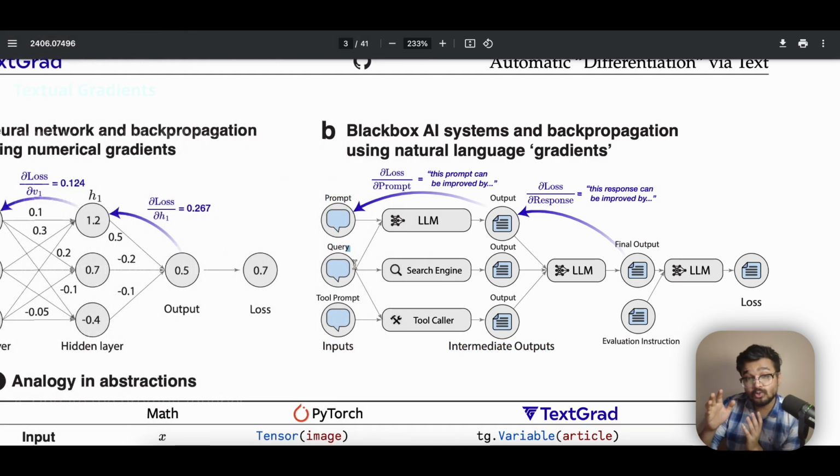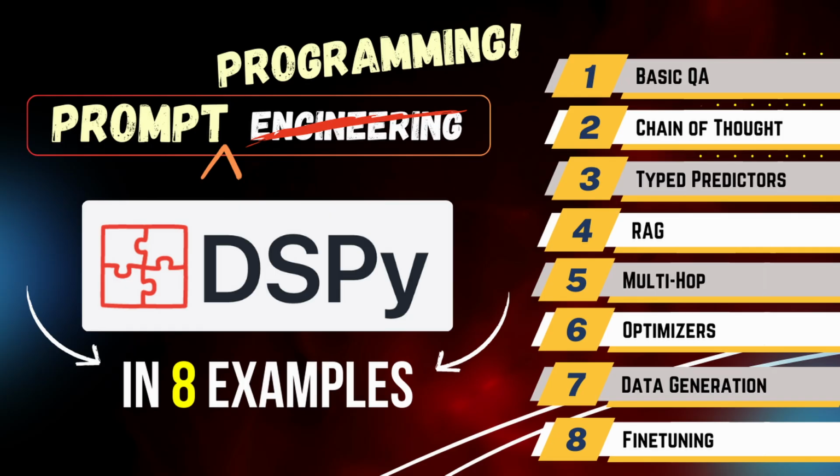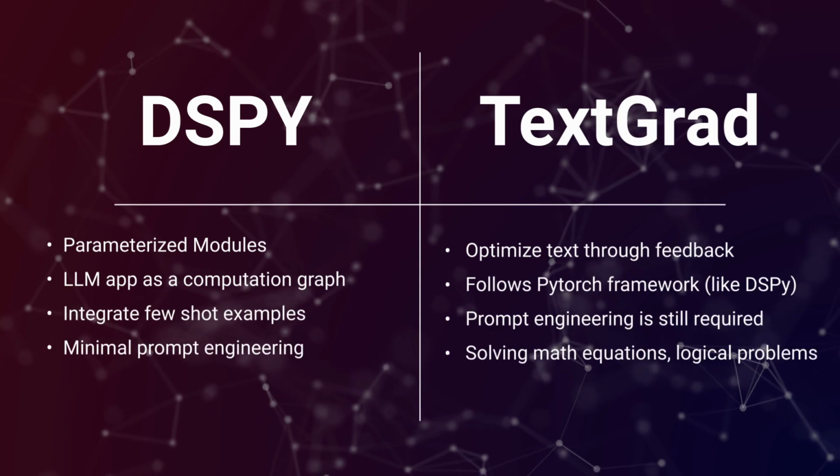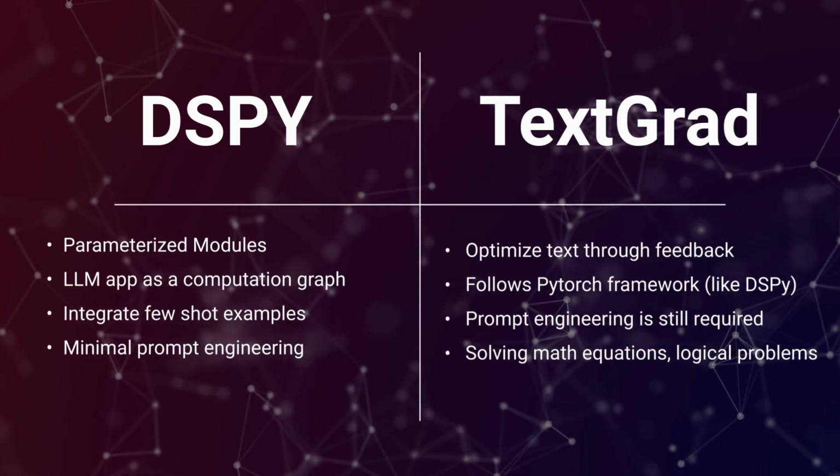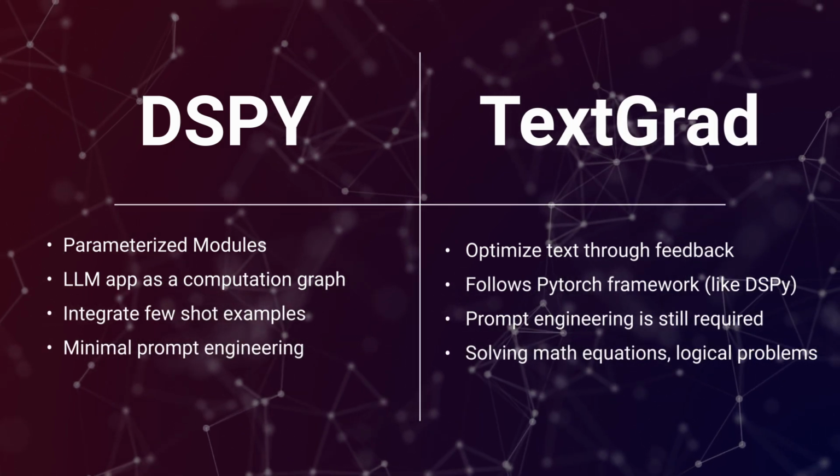As we go into the tutorial section of this video, hopefully everything will start to become more and more clear. Also, do check out my video on DSPy, which is another prompting framework, and I have a video on that with 8 examples that runs you through the entire DSPy framework. The main difference between DSPy and TextGrad is that DSPy really allows you to stop prompting altogether. It creates this modularized approach to creating LLM applications, and I think it's very powerful at that.